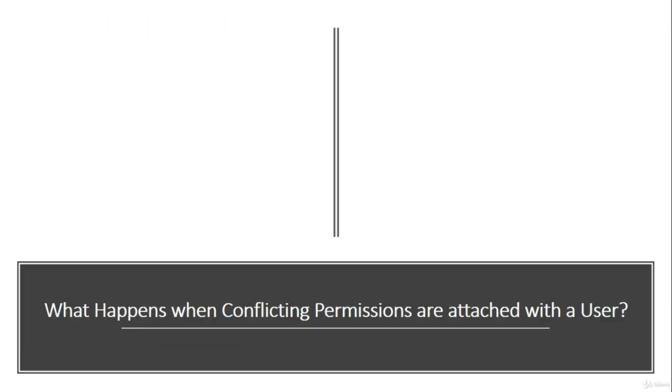Now here I want to drive down a very important concept that is related to what happens when conflicting permissions are attached with a single user. So let us see this with an example.